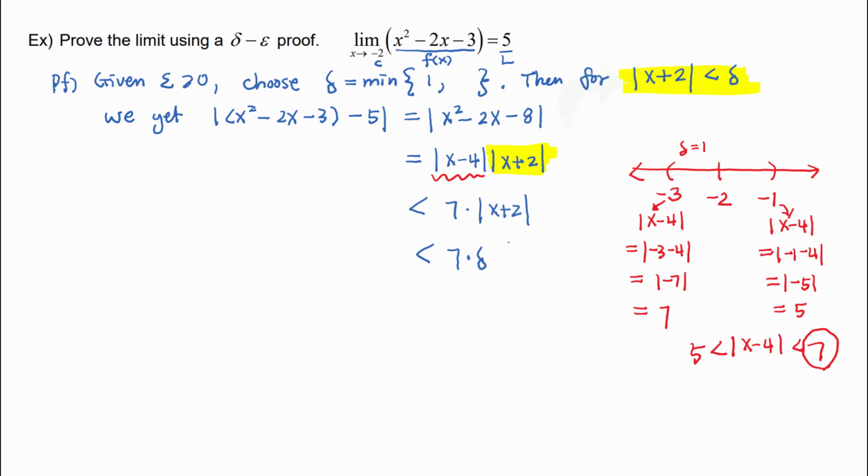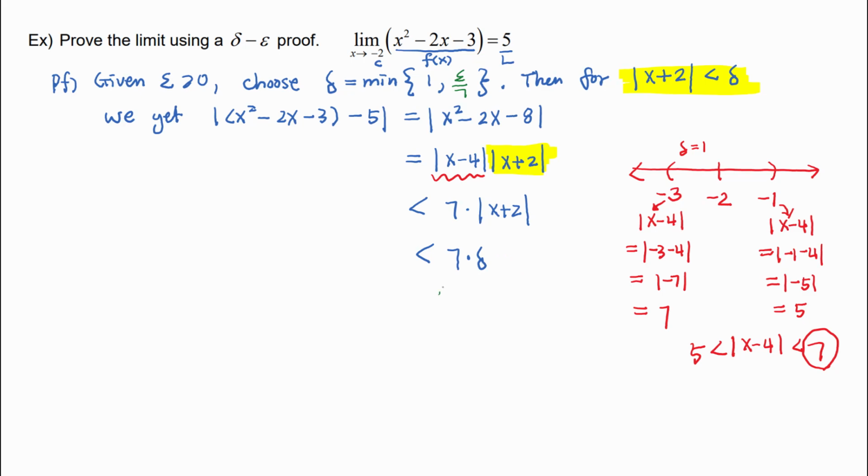And we set this equal to epsilon for now to figure out what the delta has to be. And we know delta has to be epsilon divided by 7. And now we can erase that since we found out what the delta has to be.